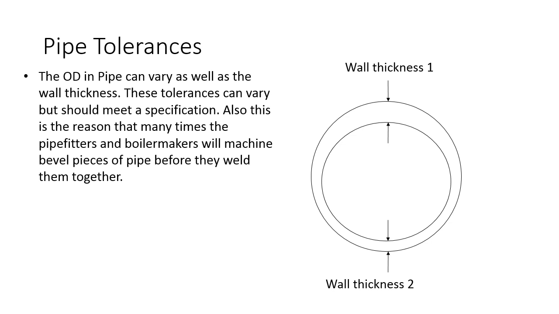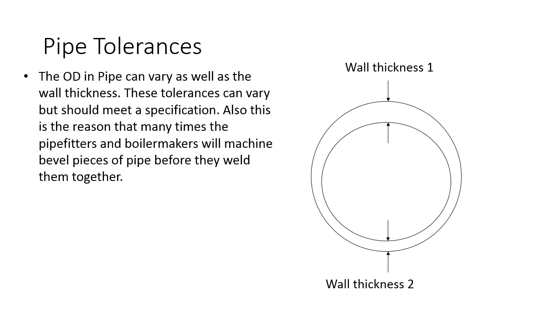Also, this is the reason that many times pipe fitters and boilermakers will machine bevel pieces of pipe before they weld them together. To get a good fit, they need to machine it. So you'll chew out a bunch of material out of the places where you don't need that extra material, and the welder a lot of times, when he makes the weld, will blend it in or make a smoother transition. But a lot of times you'll get pipe that doesn't match up, or it's not perfectly round, so you can have a lot of problems.